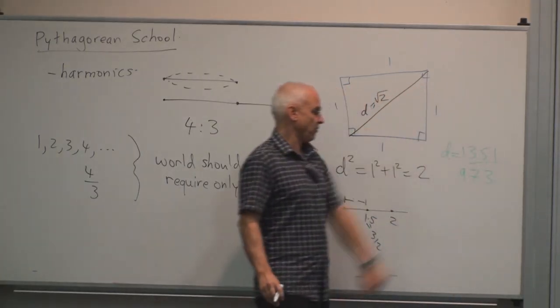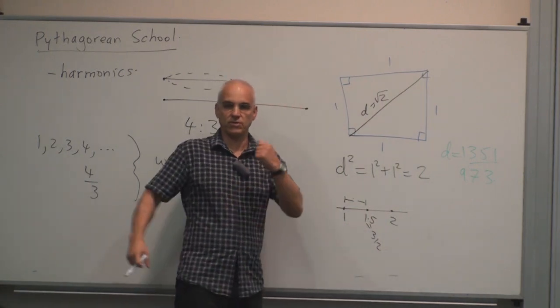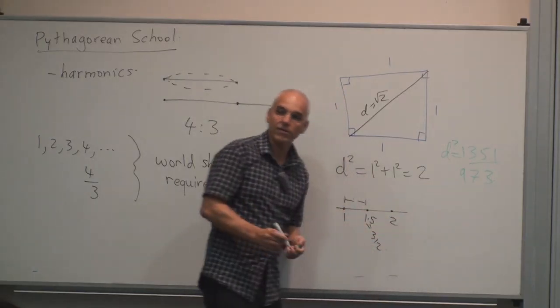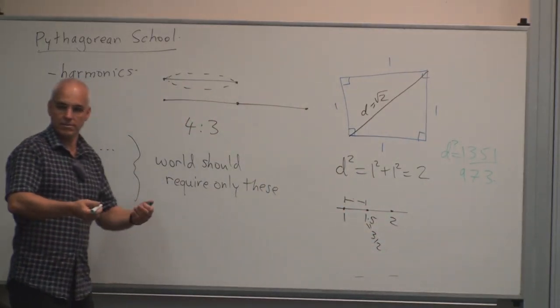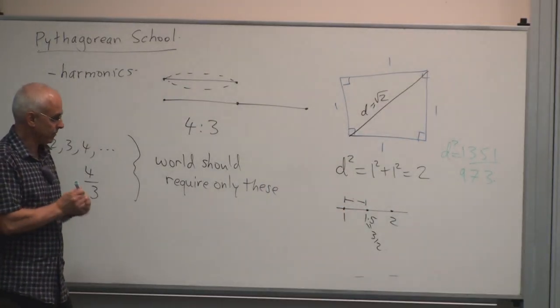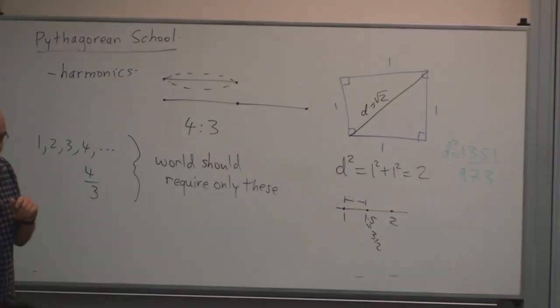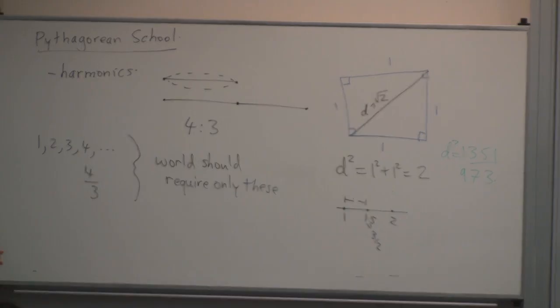Okay, maybe 1351 over 973. Maybe that's what d is. Well, it's not, but they kind of hoped that it would be. And then at some point, one of them realized that this was not going to work. Right? That there was no way that d was going to be a fraction.